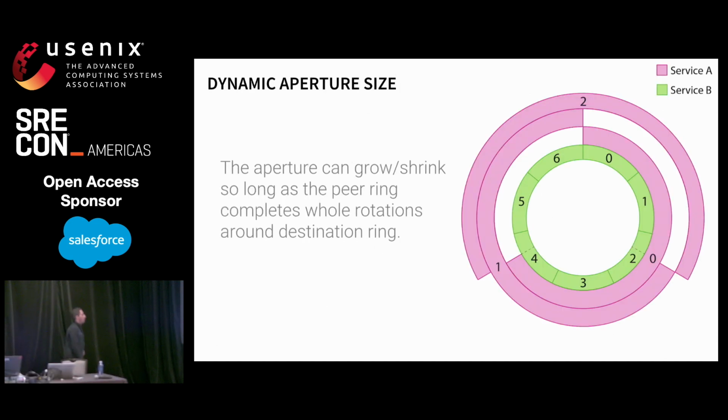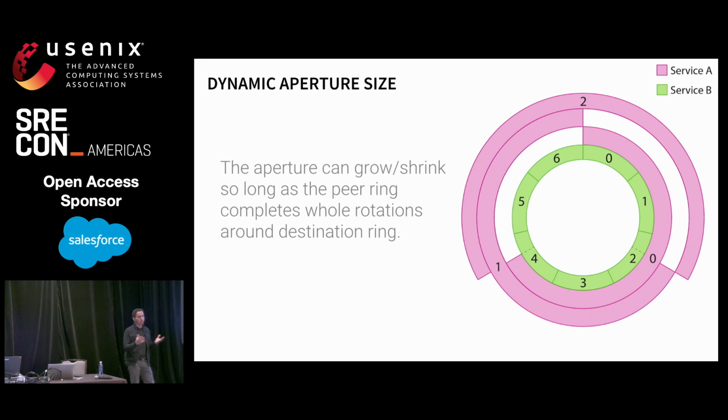Here's an example where, looking at the same services, we want to add a constraint where we want to have a minimum aperture size. For example, before we were talking to 3 services, actually 2 and a third, we say we want to have at least 4 services. And you can have these constraints, for example, for resiliency.